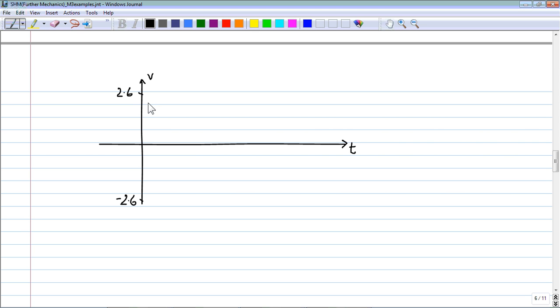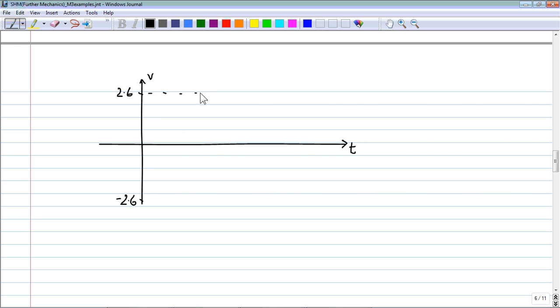And now the interesting point is that I don't need to worry about where to start this graph. Should I start the curve here or here or here? I can draw a sine curve or I can draw a cosine curve, but the interesting point is it won't really affect the answer. Maybe I can come back to that if you didn't completely understand me.